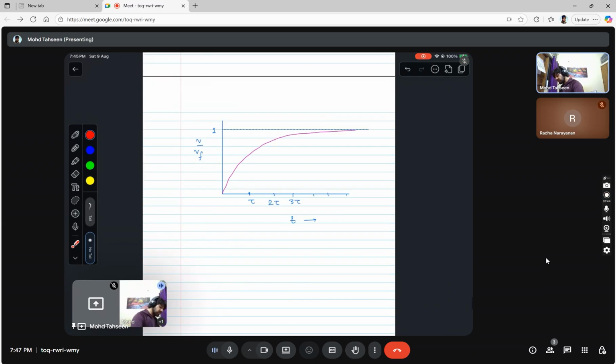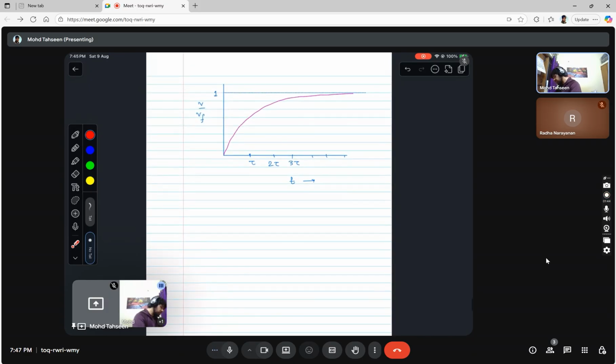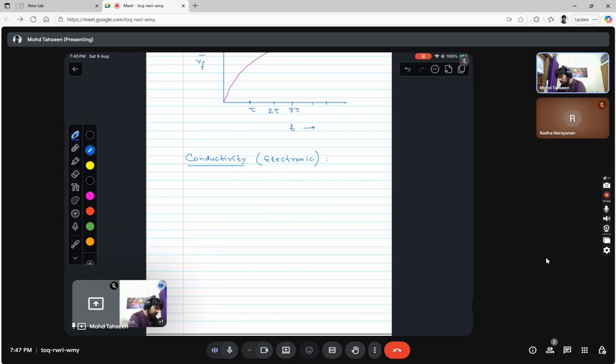So what does this have to do with conductivity? Our job is to find conductivity, and this conductivity is only due to electrons. So this is electronic conductivity. This does not involve any other kind of charge carrier, for example, holes or ions. So let's first write current density.